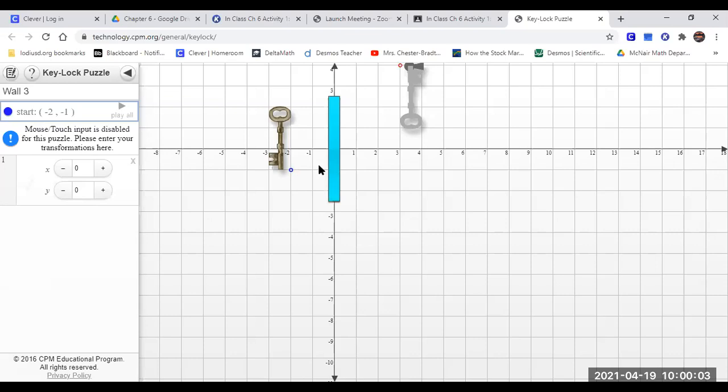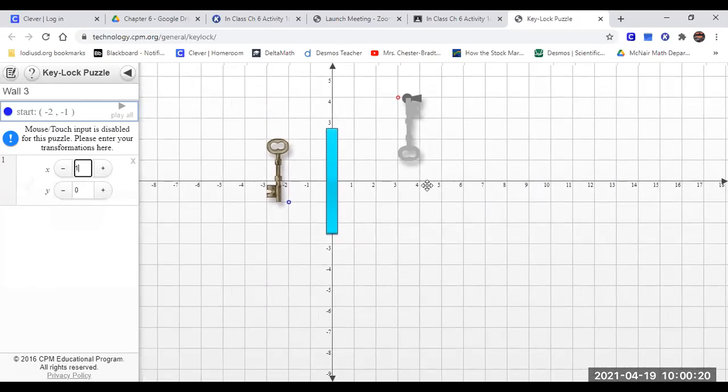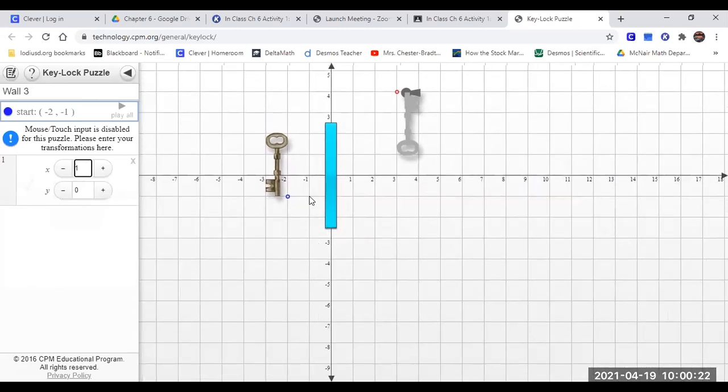Because then we hit the wall. So at most, we can only go one in the positive direction. And then we want to get to the red dot, right? So what do I need to do? If I've gone one this way and I want to get myself up over here, we need to slide up. How many?